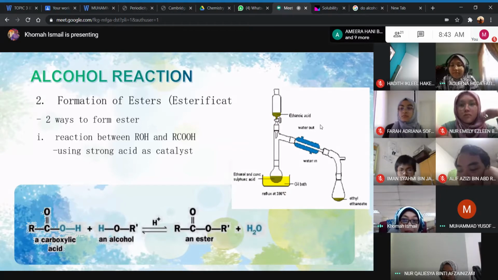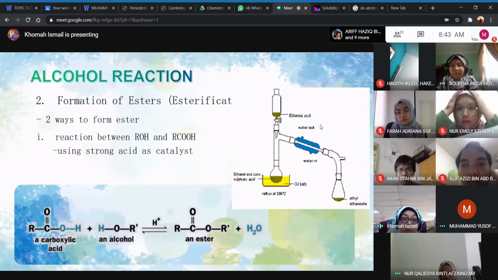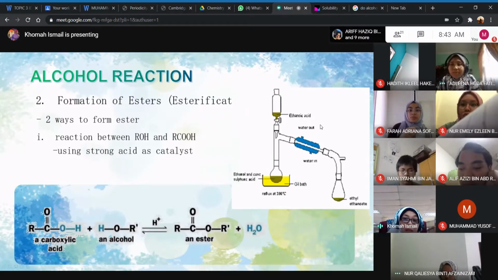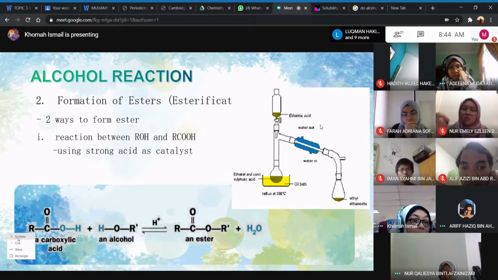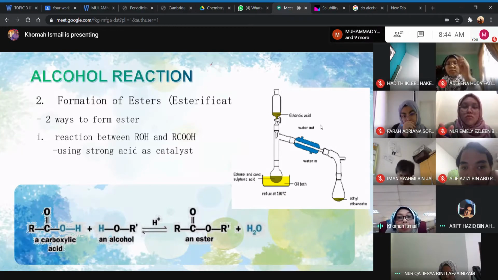Now, to name the ester, you have to know how to name the ester. Please take note. The name of the ester will be alkyl alkanoate.